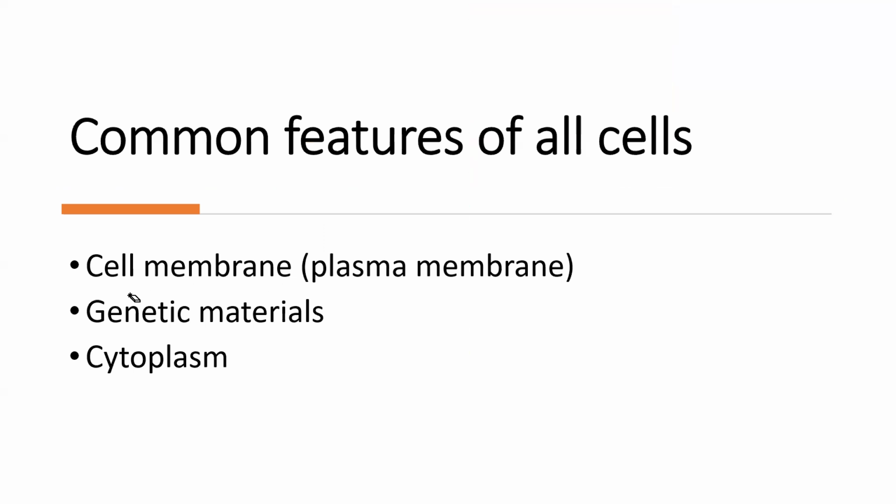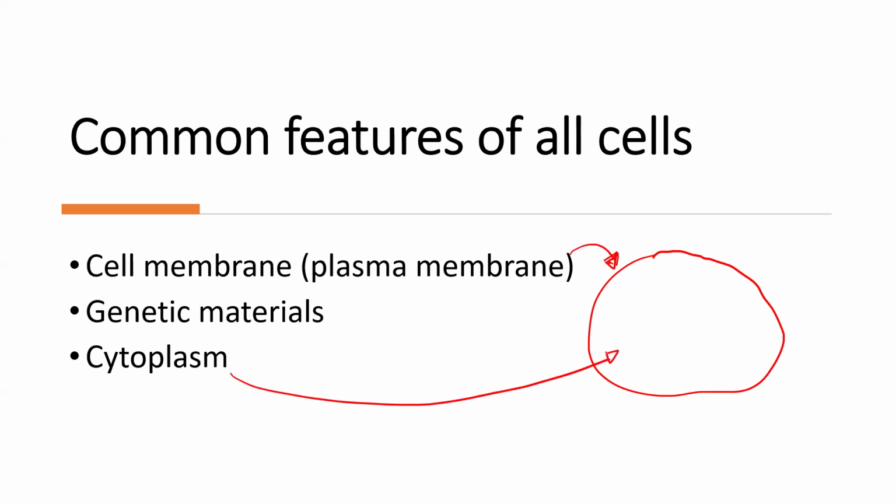They all have a cell membrane. The cell membrane is what separates the inside of the cell from the outside. Sometimes it's also called the plasma membrane. Just think of this like a Ziploc bag. You fill up the Ziploc bag with some water, and you close it. The watery stuff inside is called the cytoplasm. So all cells have a membrane.